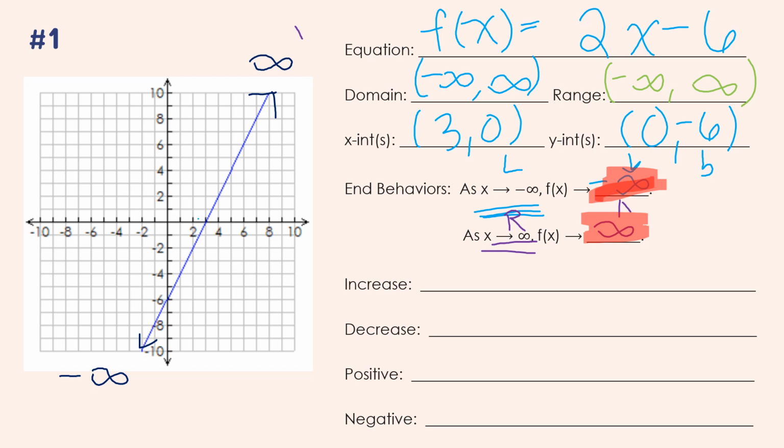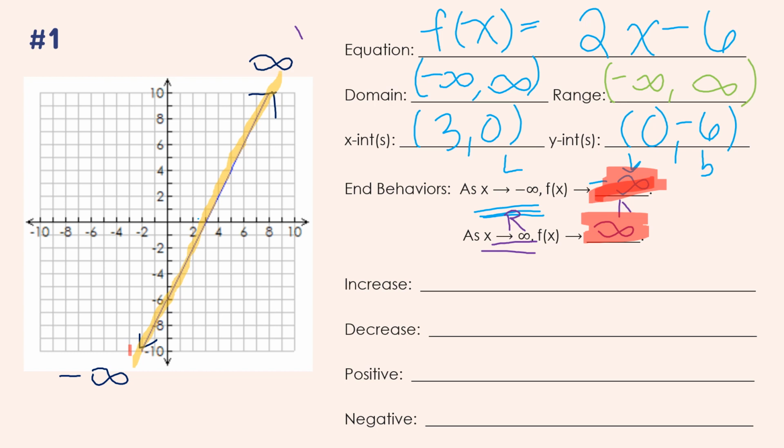I usually take my pencil or my finger and I trace it. And I'm going to use colors here so you can see it. So I am going to start at negative infinity right here. Let me use a different color. And I am going to trace to infinity. And as I'm doing that, I need to think about, is my pen going up or is it going down? Well, it's going up.